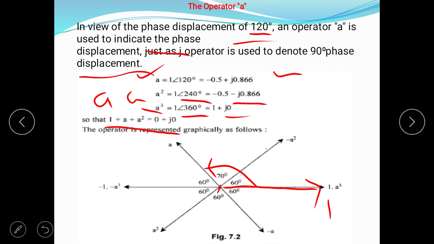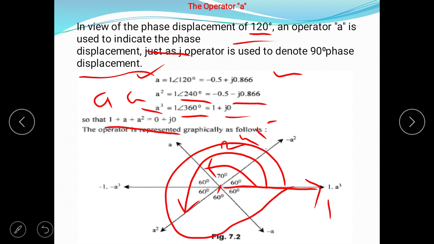Similarly, if a reference phase is multiplied with operator A square, then that phase rotates 240 degree in anti-clockwise direction. Similarly, if any phase is multiplied with operator A cube, then that phase comes into its original position after rotating 360 degree.